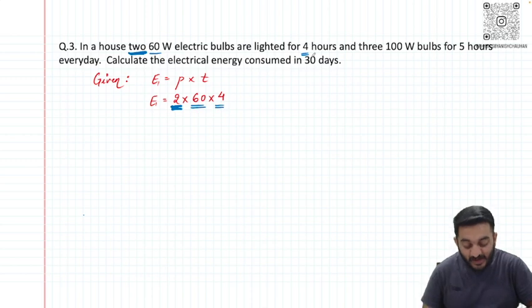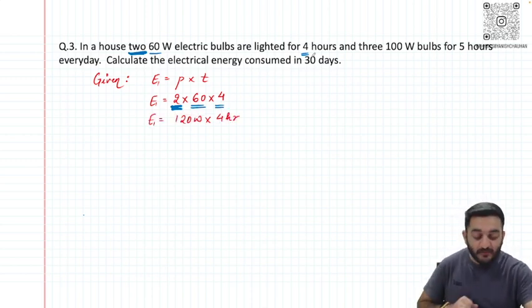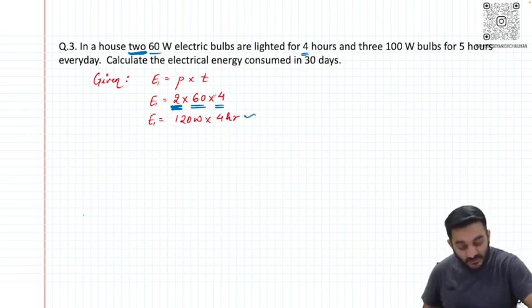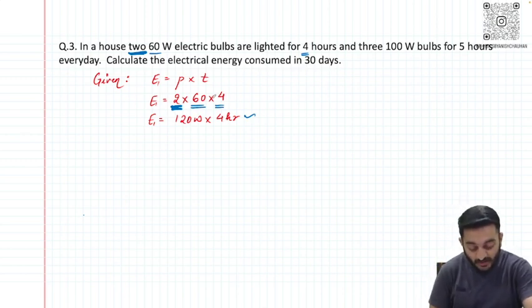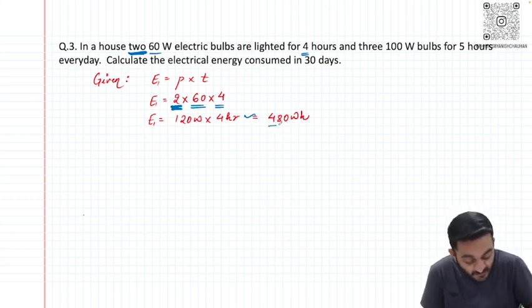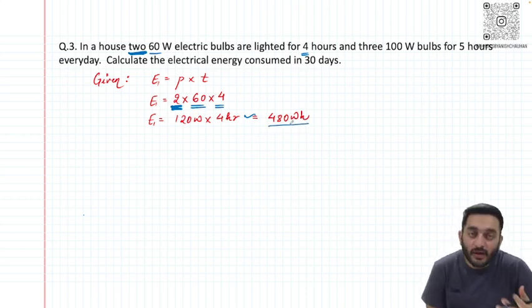So if I write my E1, this is only for the electric bulb. Similarly, I have to calculate for the other appliances also. Please make sure that I have written 2 into 60, which is 120 watt, and this is 4 hours. This product gives me 480 watt hour.